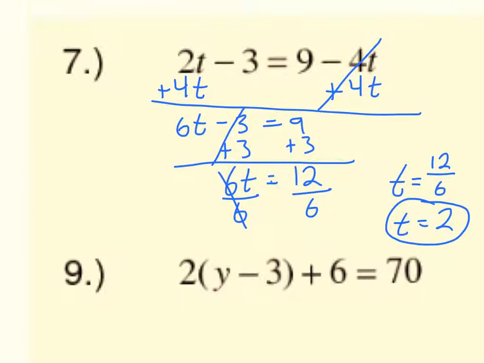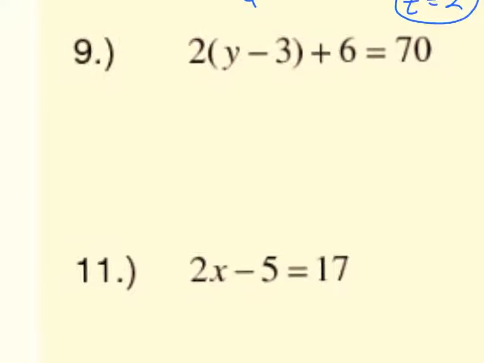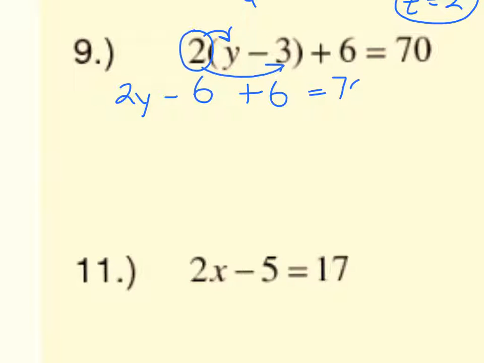Okay. Moving down. 2 times y minus 3 plus 6 equals 70. So, first step would be to distribute this 2 across to the y and across to the 3. So, we have 2y minus 6, which is 2 times 3, plus 6 equals 70.